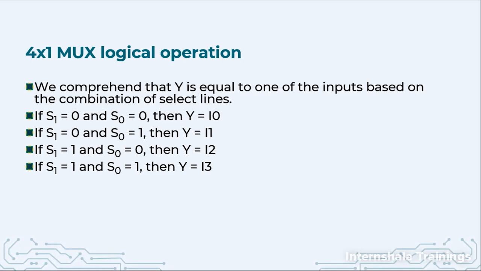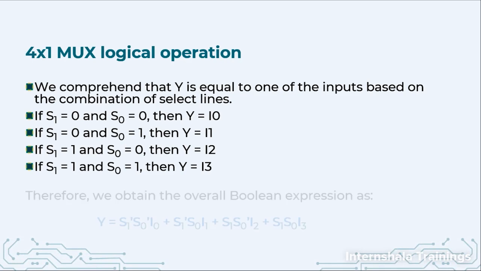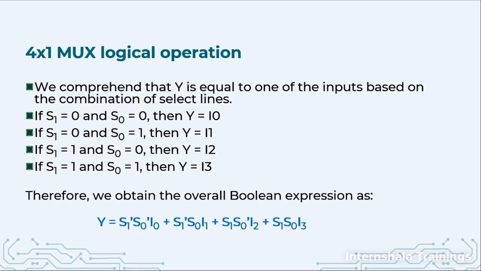That means S1 bar, S0 bar and I0, this is my one case, and that is how I make all the 4 product terms and I take their sum. So 0, 0 with I0; for 0, 1, S1 is with bar and S0 is without bar, with I1.